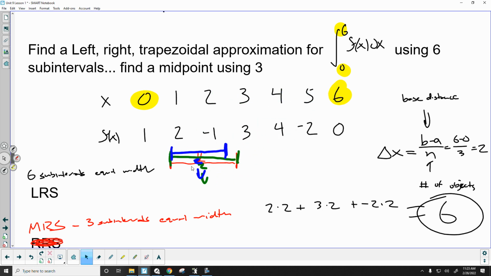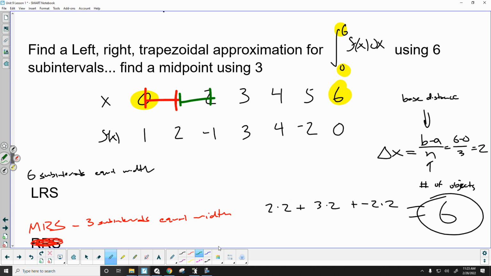That means the 0 to 2, 2 to 4, 4 to 6, that's only giving me 3 objects. I need 6 objects. 0 to 1, then 2, etc.